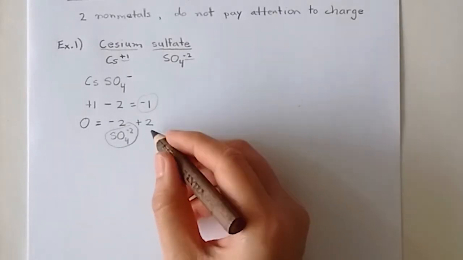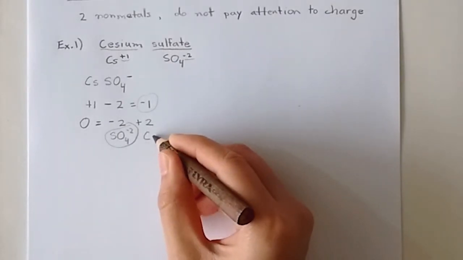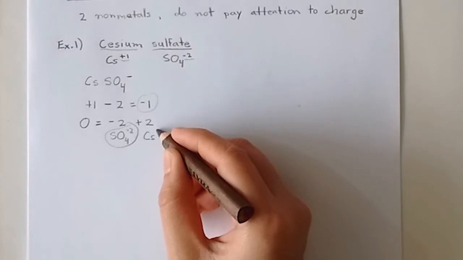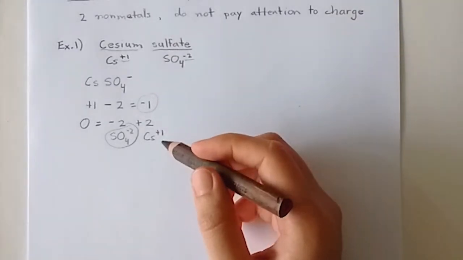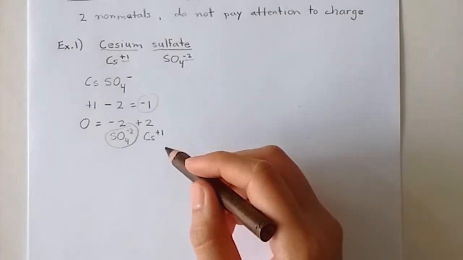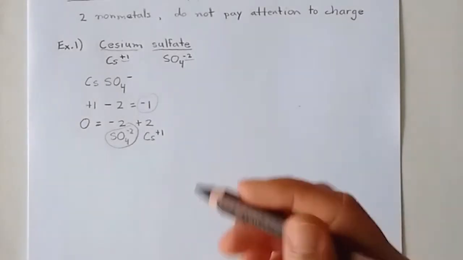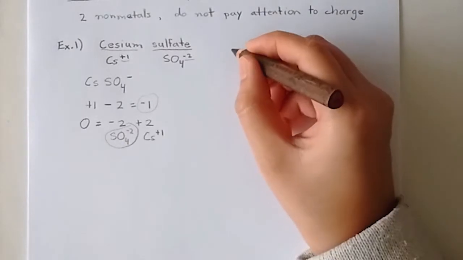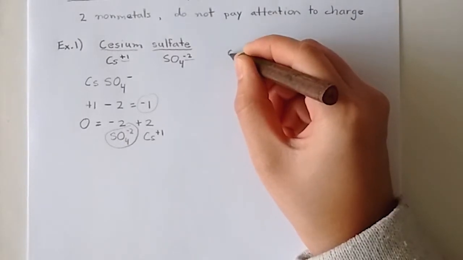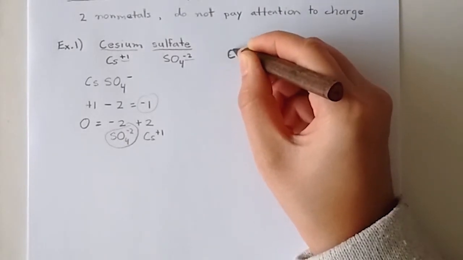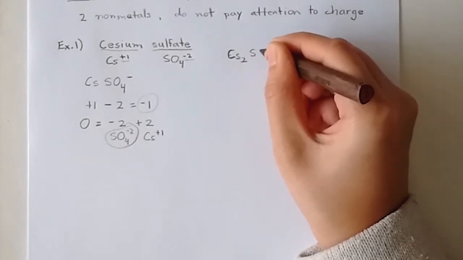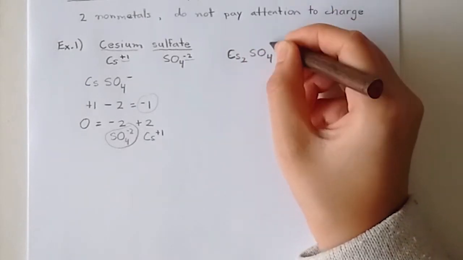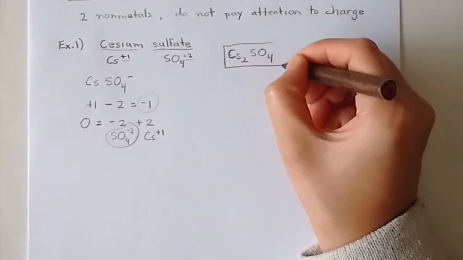Now remember that each cesium is only +1. So we need 2 cesiums to get a +2 charge. So the end result is that we have 2 cesiums and 1 sulfate ion. And this would be the chemical formula for cesium sulfate.